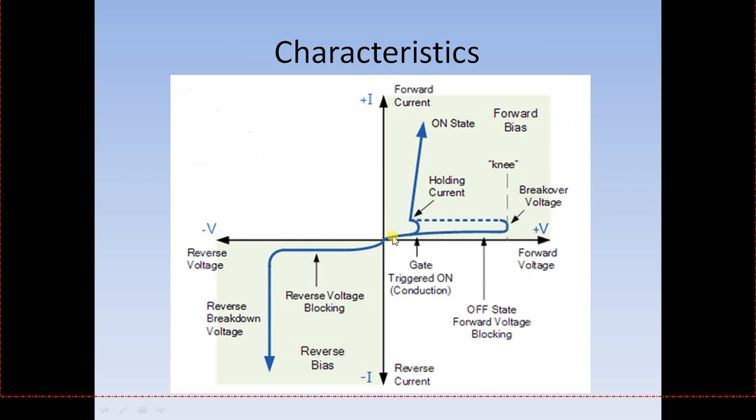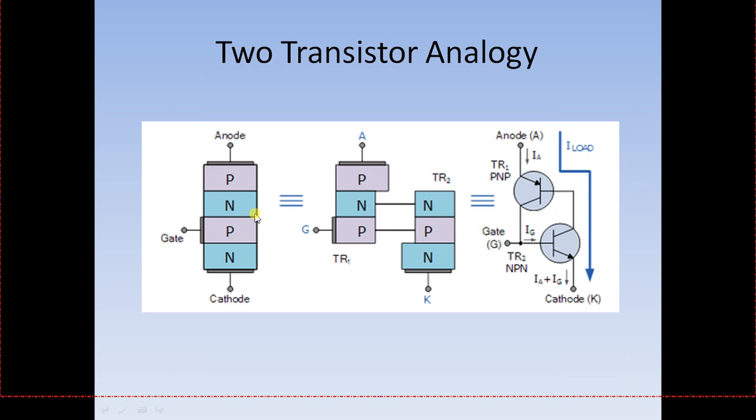As we increase voltage without giving a gate signal, the current remains very low up till a very high voltage. But what happens at this voltage? This is a forward breakover voltage. This is the voltage when the minority carriers have enough energy to have an avalanche breakdown at junction J2, destroying the crystal of the semiconductor.